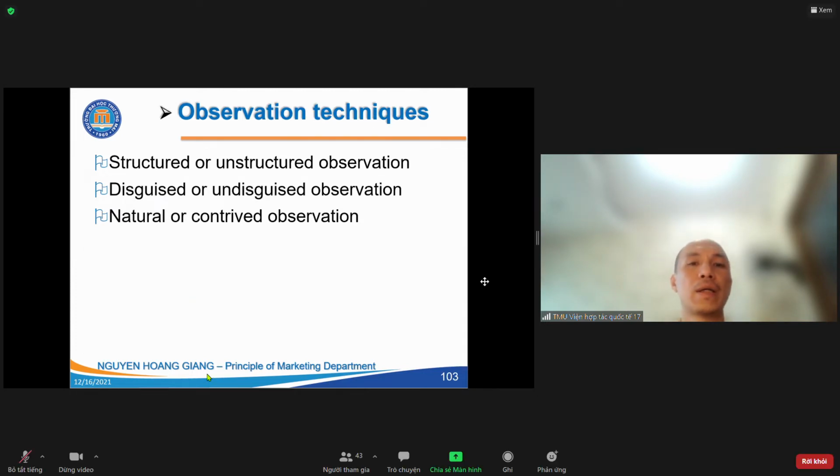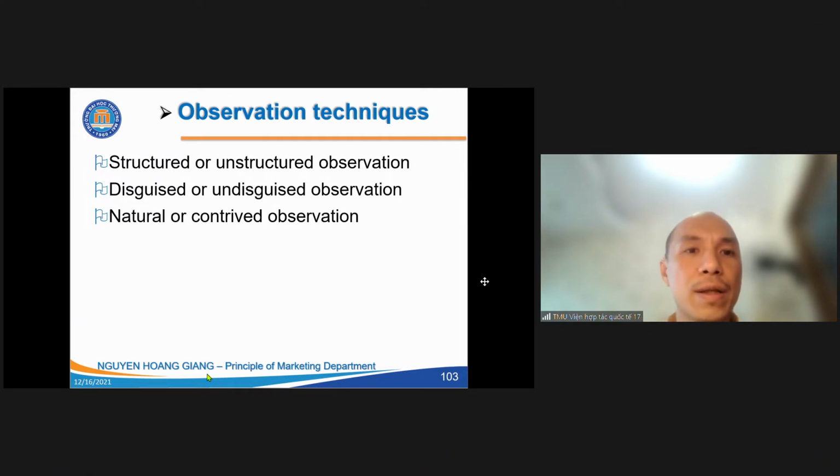There are some different techniques to do the observations: structured or unstructured observations, disguised or undisguised observations, or natural or contrived observations.